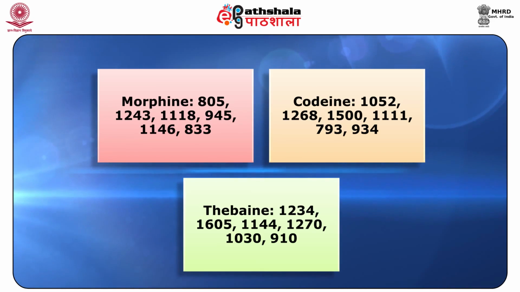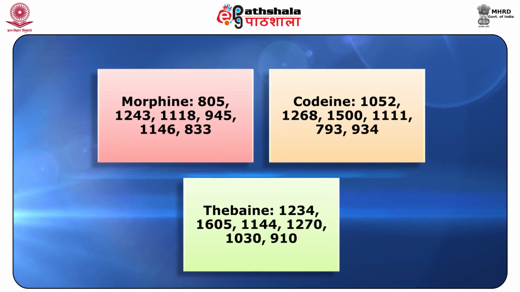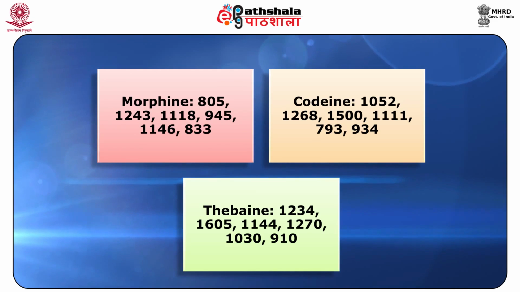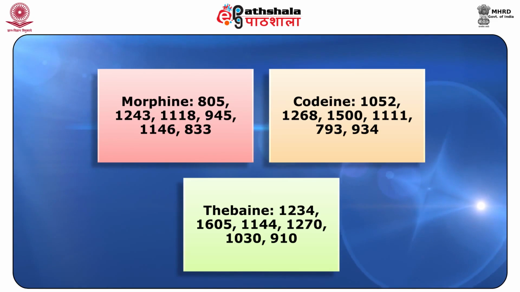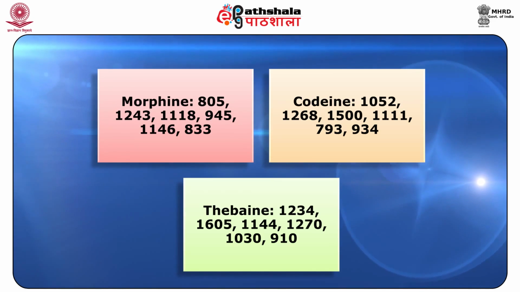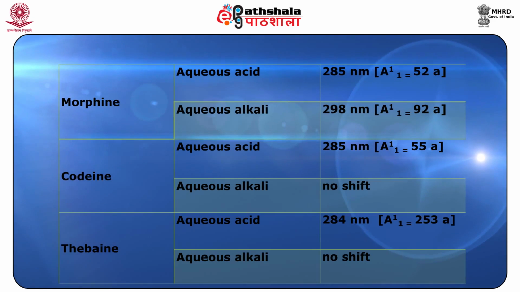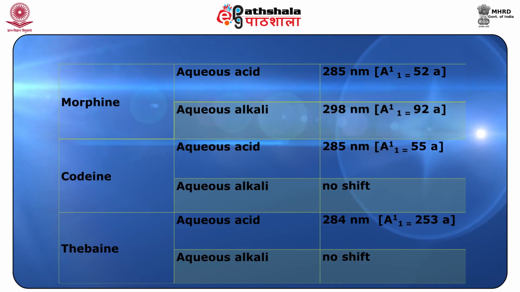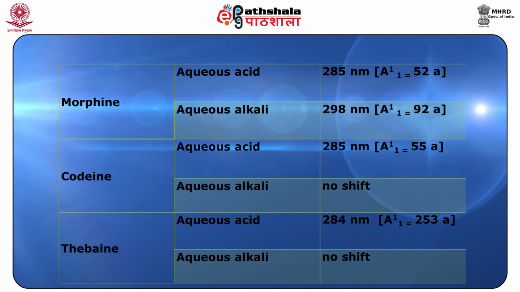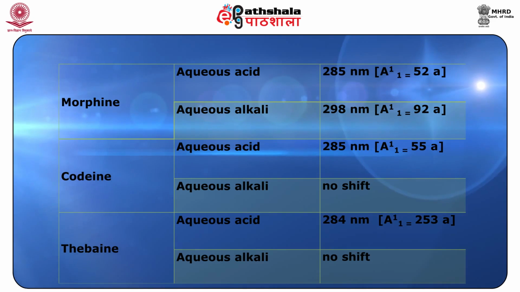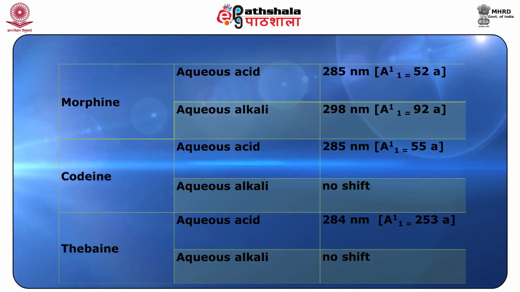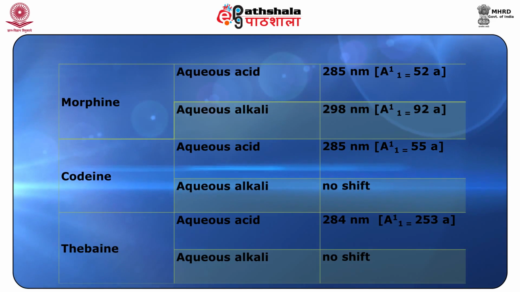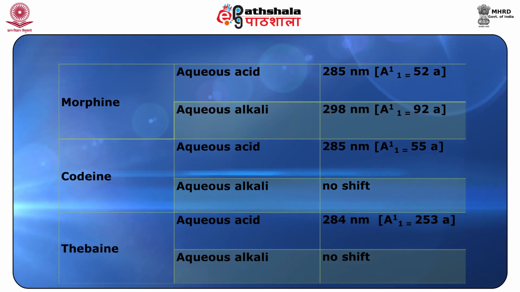In case of thebaine, 1234, 1605, 1144, 1270, 1030 and 910. Now let us see the UV spectrophotometry. In case of morphine, aqueous acid at 298 nanometer and aqueous alkali at 298 nanometer.